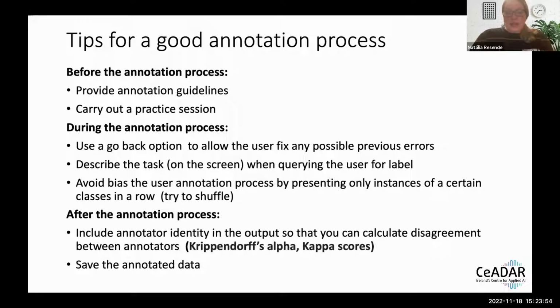Another thing is that it's important for you to save the data that you annotated, so then you can also analyze in the future what was wrong with the data that was annotated by the users, and also try another round of annotation. As I said, also calculate agreements between annotators. So this is also a good practice for your active learning system.